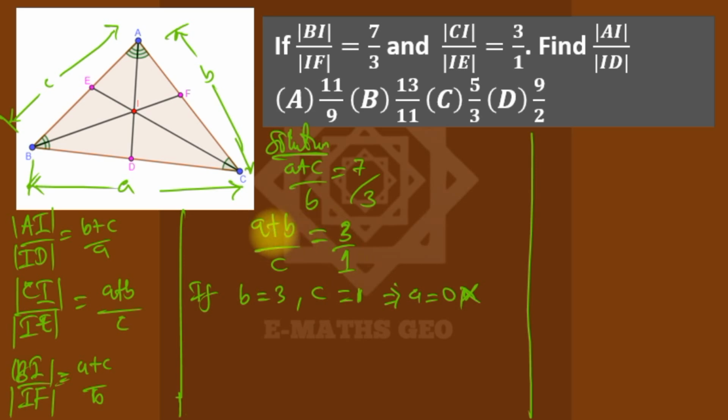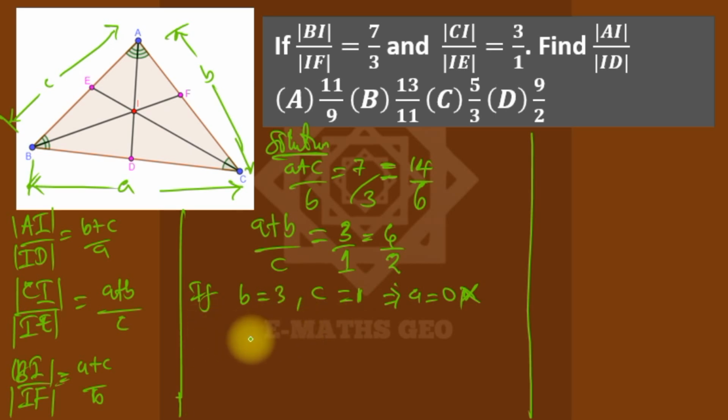Remember, this is a ratio. So let's multiply this by 2. So this 7 over 3 could be 14 over 6, and this 3 over 1 could be 6 over 2. So let's try again.